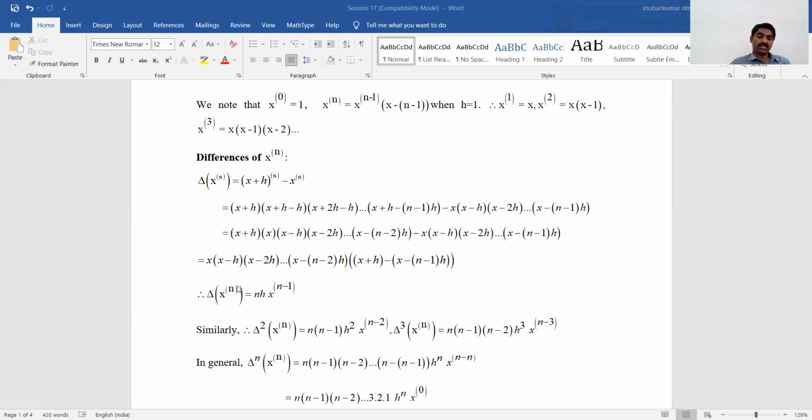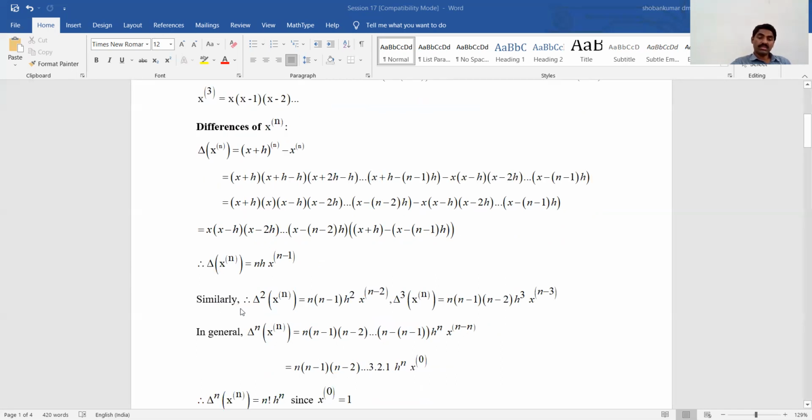Therefore, delta of x^(n) is equal to n h x^(n minus 1).